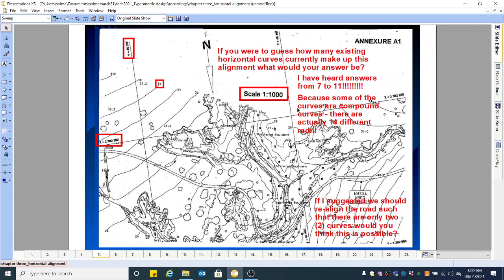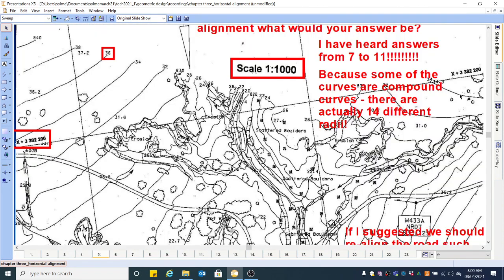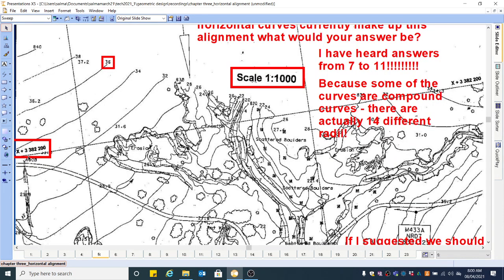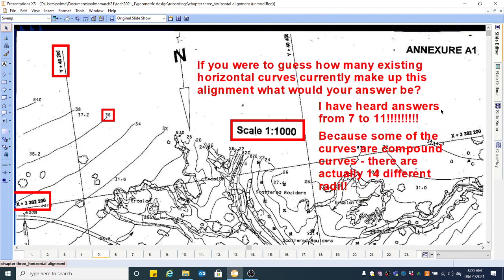A scale has been given to you and you have in front of you grid intervals, right? Just if we had to zoom in here a little bit. Right, 3382 200, and if I have to go slightly up, that's 40, 200, right?